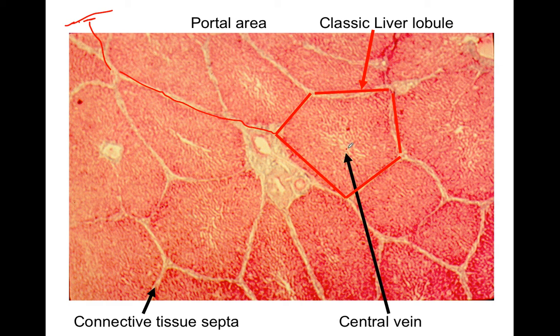In the center of these lobules, we have the central vein, and here is the portal area, where the blood vessels, the hepatic artery and the portal vein, send branches. The general arrangement is hexagonal.